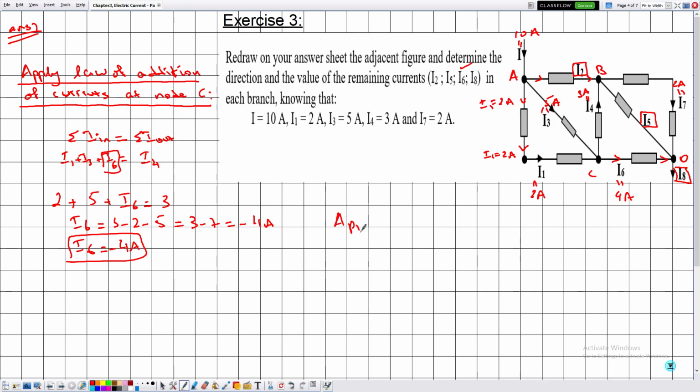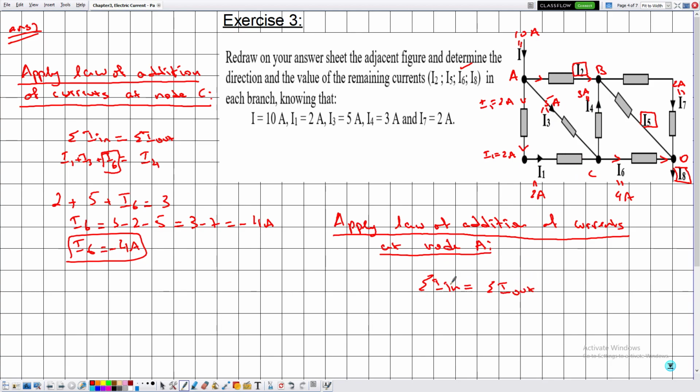So apply the law of addition of currents at node A. We have that summation of I in is equal to summation of I out.